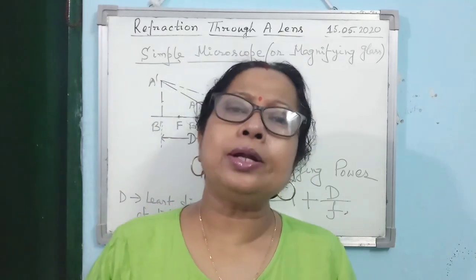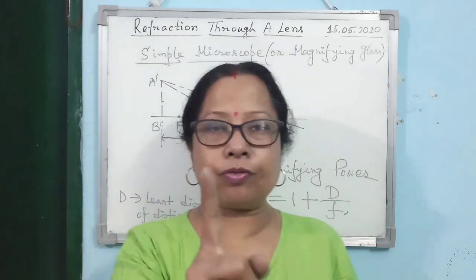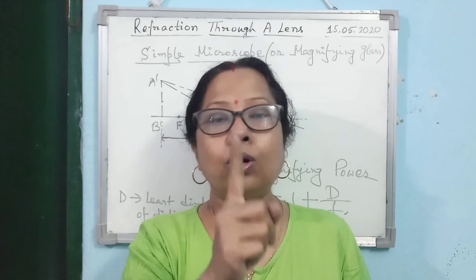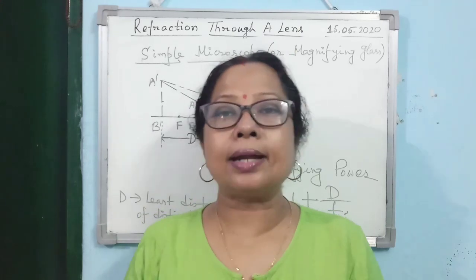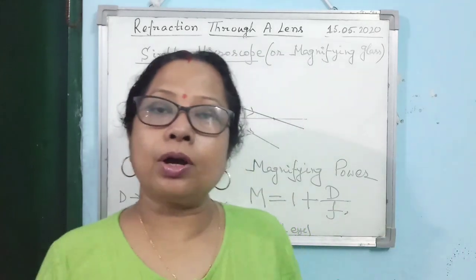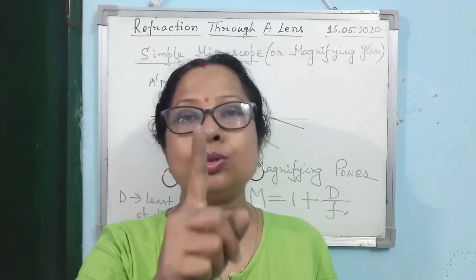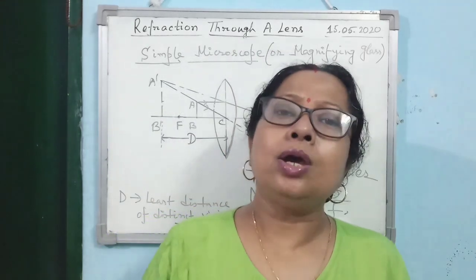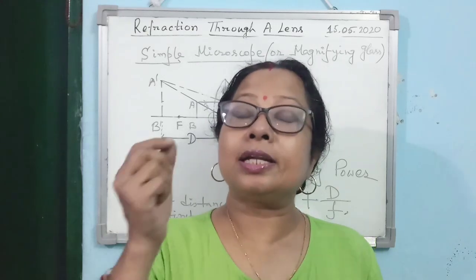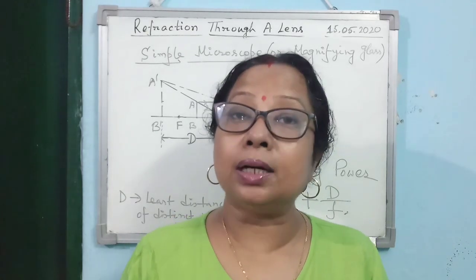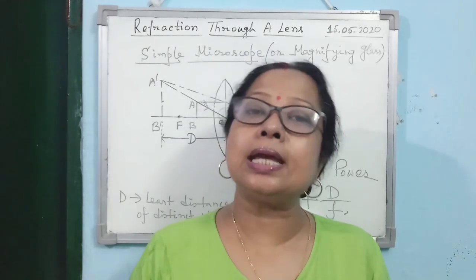Now, you can do this experiment: take one finger, hold it near your eye, extend your hand and look at the tip of your finger. Then slowly bring that finger towards your eye. You will see that when the distance becomes less than 25 centimeter, the tip of the finger becomes blurred to your eye. You won't be able to see the tip of the finger clearly anymore.